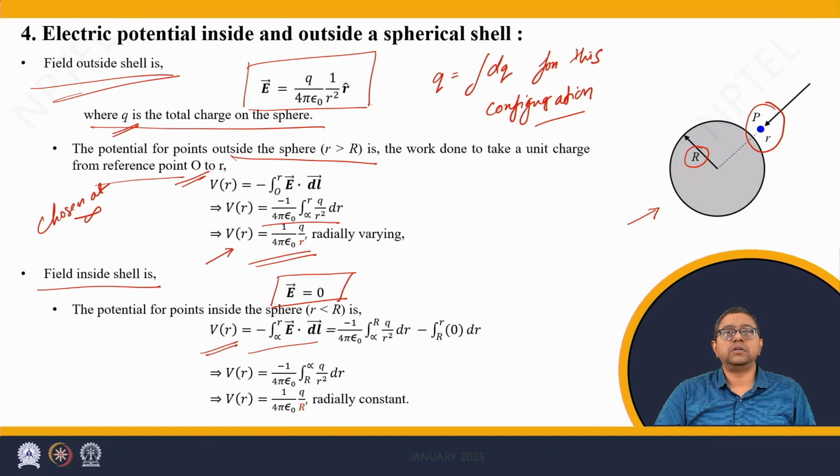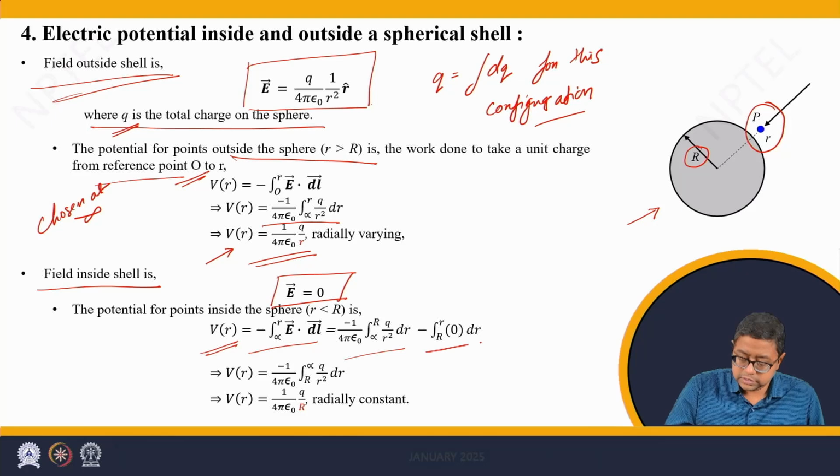Now this equals minus 1 by 4 pi epsilon integral infinity to R q by R square dr minus integral R to R 0. This comes from the absence of any charge inside the spherical shell. This gives the VR equals minus 1 by 4 pi epsilon naught integral R to R q by R square dr.